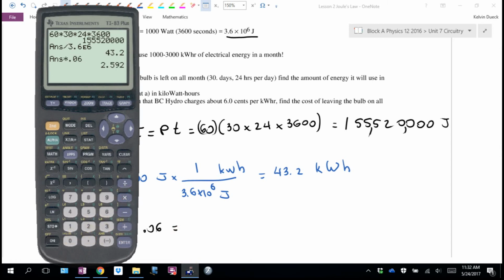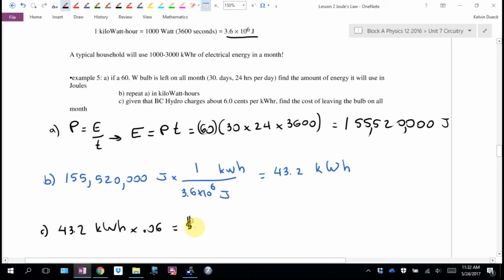It's going to cost you about $2.59, which unfortunately is too cheap, because it's too easy for you to rationalize, oh, that's like half a cup of coffee at Starbucks, I'll just leave it on.